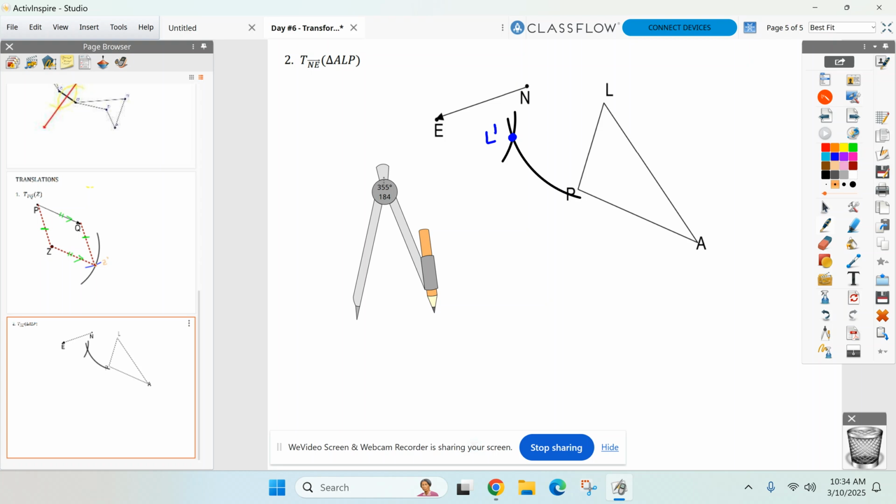Okay, go from A, we need to make an arc from A. Now measure your distance from A to the start of the vector, right? So now go to the end of the vector. And it's whatever intersects. Like that was way less than.